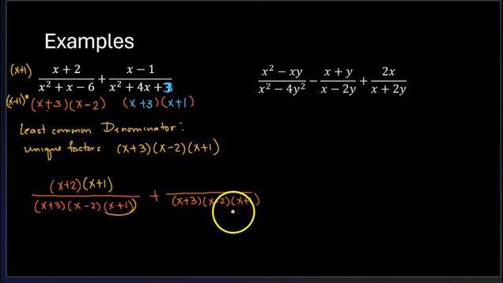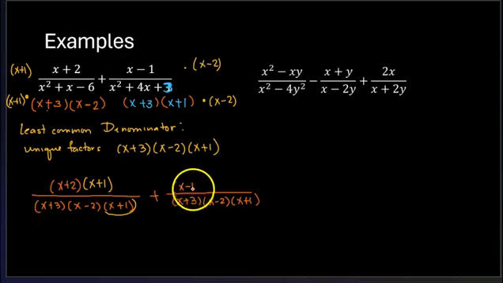For this side here, to get to this denominator, we have to multiply by x minus 2. So you also have to multiply the numerator by x minus 2. Okay, so that's how you have an equivalent fraction.